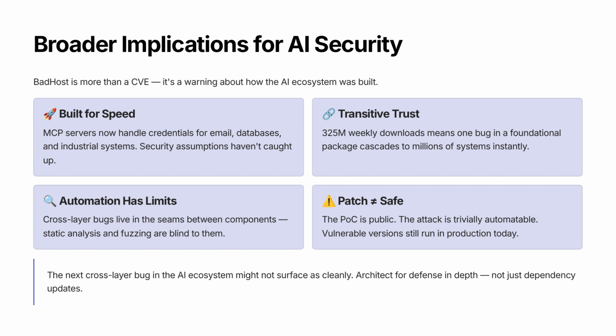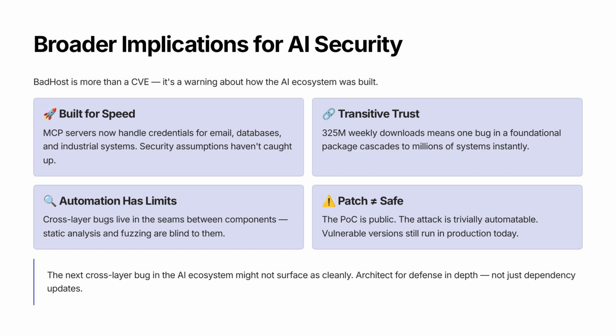There's also the issue of transitive trust. When a foundational package is used at massive scale, one flaw can spread risk across millions of deployments almost immediately. That's the reality of modern software supply chains. Another key point is that automation has limits. Some of the most dangerous bugs don't live inside one component. They appear in the seams between layers, where frameworks, proxies, headers, and application logic interact.